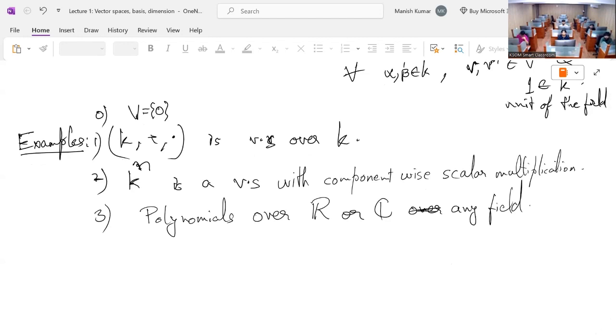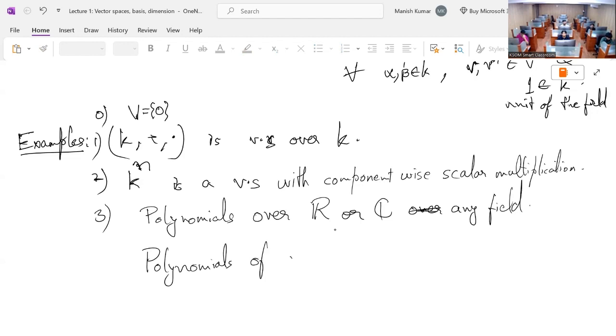But we will see mostly R^n and C^n and so on. These are the typical vector spaces we'll see, but they occur naturally. You can also consider polynomials of degree at most n.